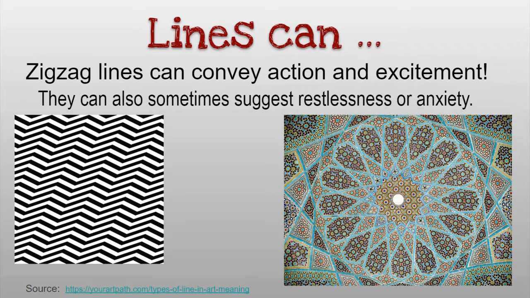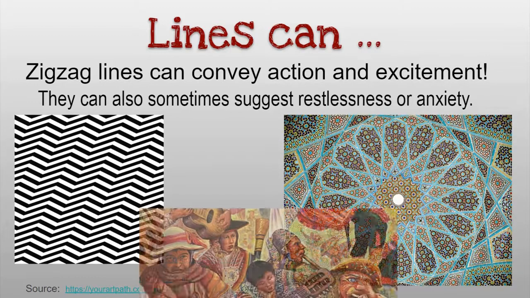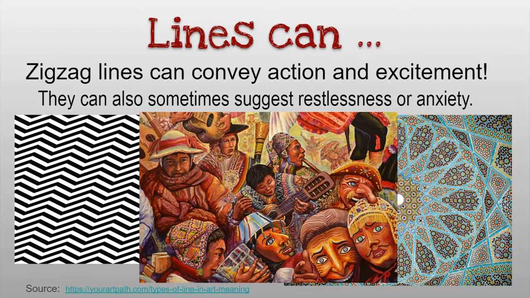Zigzag lines are often used in folk art and weaving and tile. And you can also see a lot of zigzag lines in this folk art. Some are in the patterns, as if they're suggesting the weaving of their clothing, but there's also a little bit of zigzag in their faces, and I see a little bit of feeling coming from that.